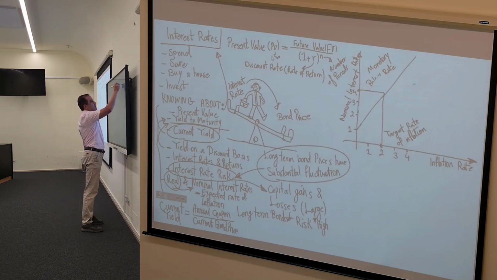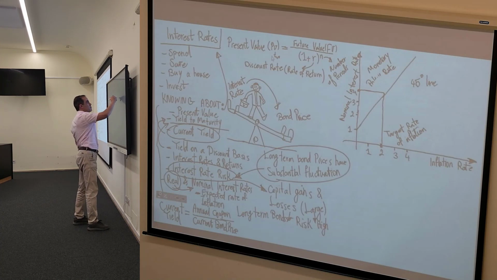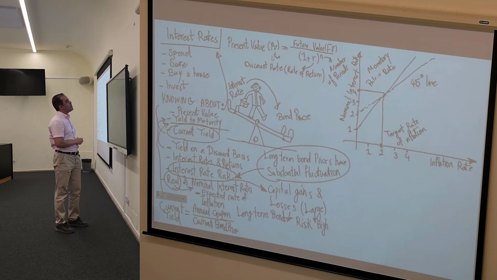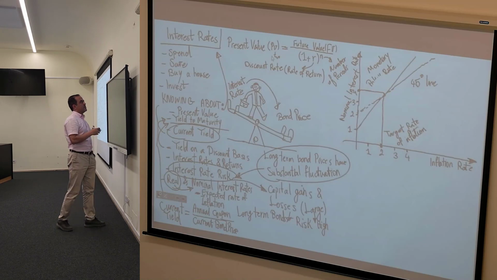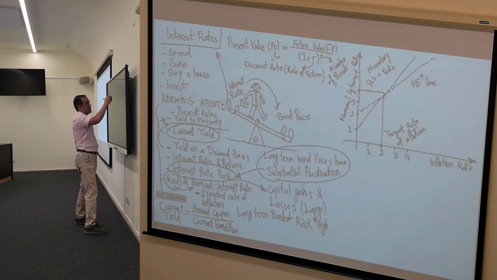And then the 45-degree line that we might have as this. It will show us what? The real rate of interest, okay?